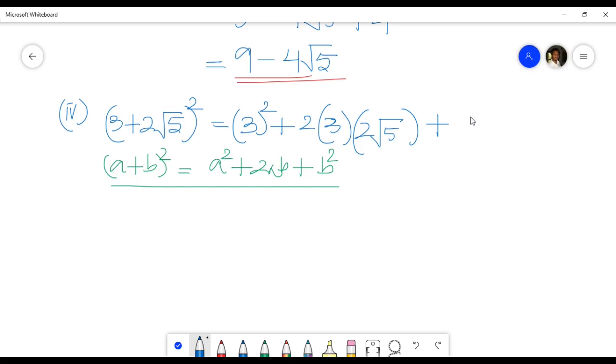Now b refers to 2 root 5, so we write it as (2 root 5) whole square. So this is what we get after expanding it. I would just erase the equation and its expansion, and we'll simplify it further.